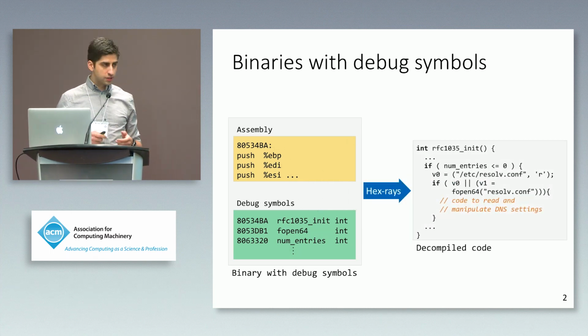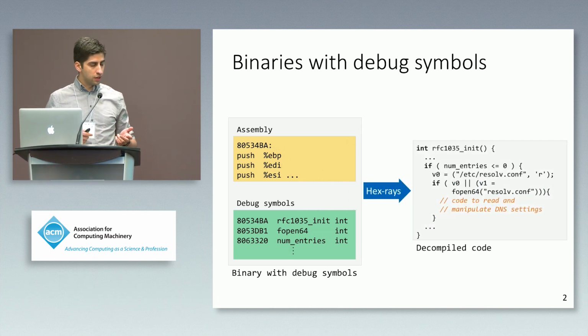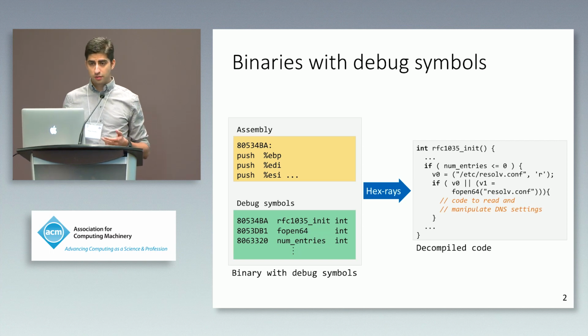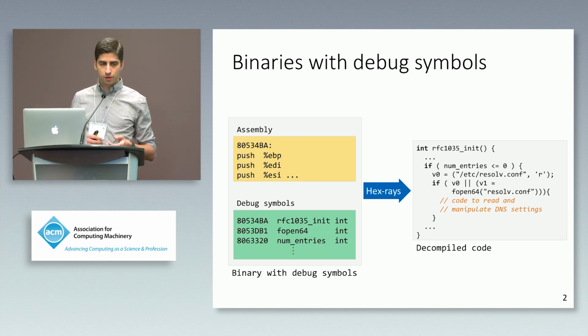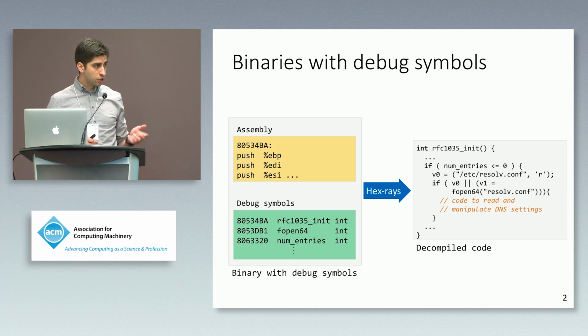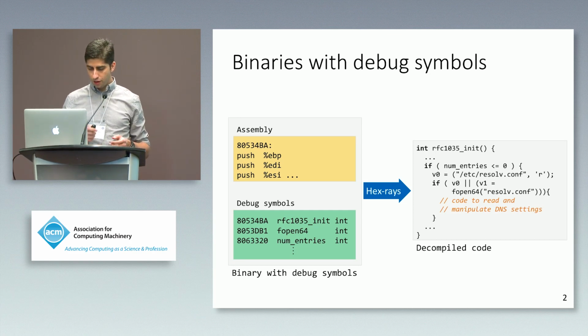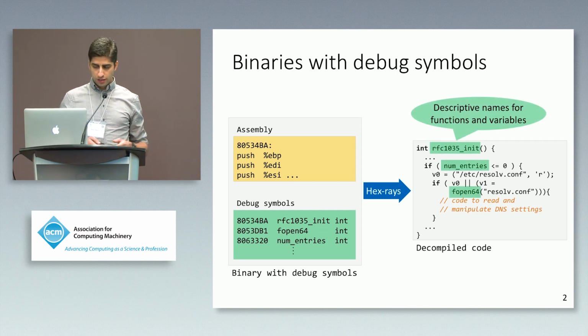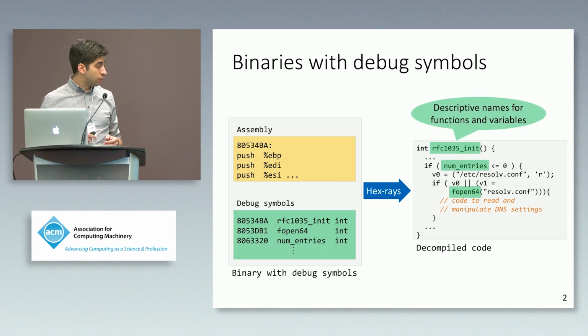Many of the reverse engineering tools that we use today have a way to leverage this information to help the security engineer. For example, if you take Hex-Rays, which is a popular tool that can decompile the code, you would get pretty readable pseudocode to understand what the binary is actually doing. So for example, you get descriptive names of functions, variables, and so on.